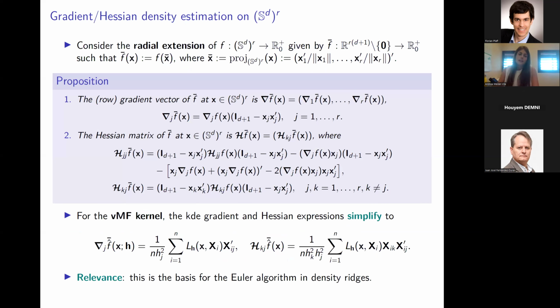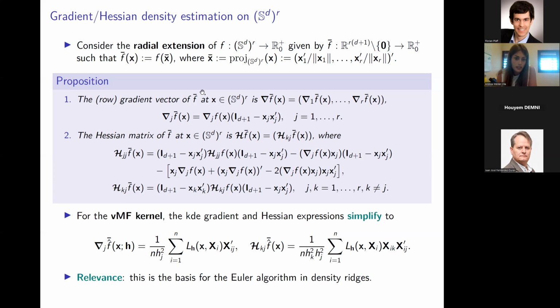But recall that in practice, the goal of this work is to estimate the density ridge. We know how to estimate the density, but in order to estimate the density ridge, we have to compute the gradient and Hessian of our kernel density estimator. And this is what we have in this result. In this result, we have the gradient vector and the Hessian matrix of the density f. In particular, here instead of f, we have considered the radial extension of f, because in this way we can simplify the calculations.